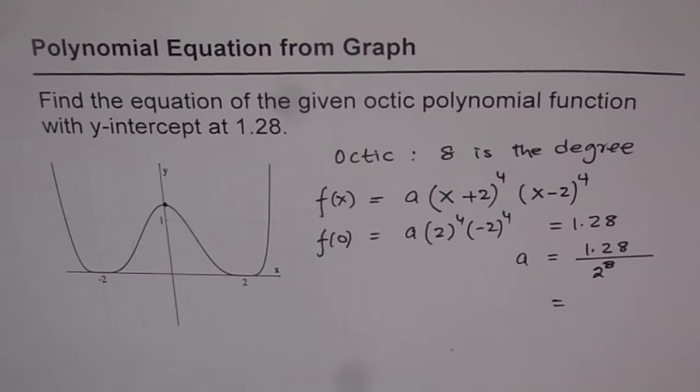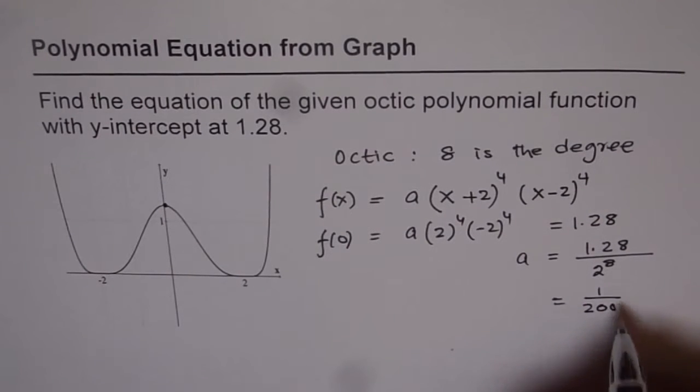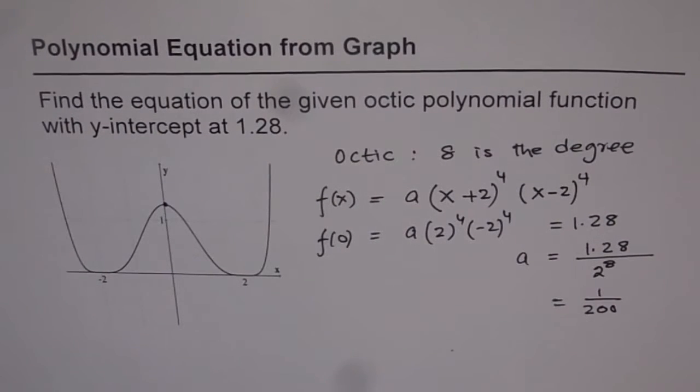So we get 1.28 divided by, within brackets, 2 to the power of 8. That gives one over 200. So we get 1 over 200. So that is the value of a.